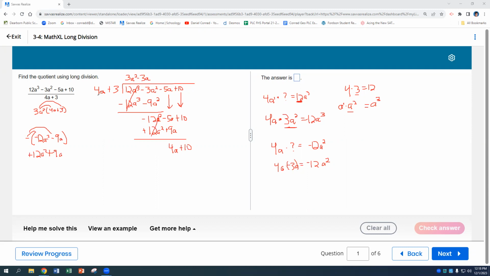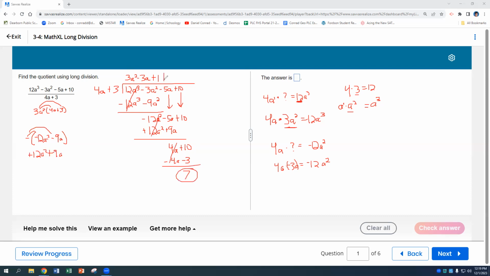How many times does 4a go into 4a? It goes in just once. 1 times 4a is 4a, and 1 times 3 is positive 3. We're subtracting, so we switch the signs. This cancels, and we're left with 7. 4a does not go into 7, so this is our remainder.